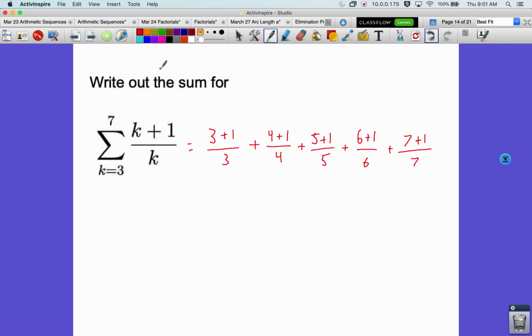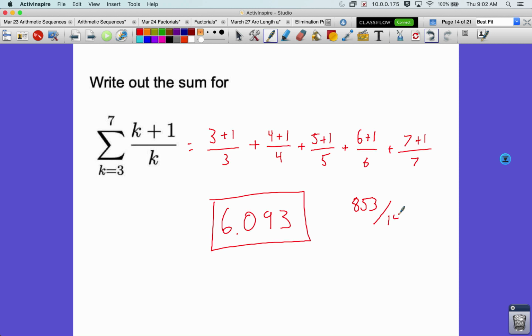And we get 6.093 approximately. Let's see if I can turn that back into a fraction. It's exactly 853 over 140 if you get the common denominator. A little dot, dot, dot.